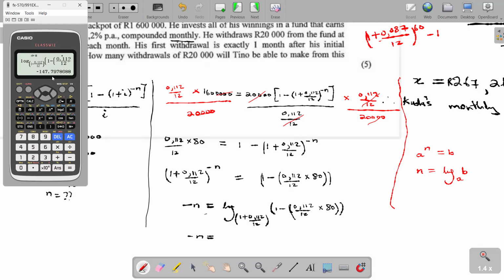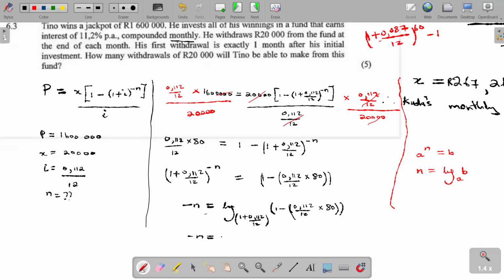We are getting as our answer negative 147.7978 as shown on the calculator. This is what we are getting. So by negating, our answer will be positive.